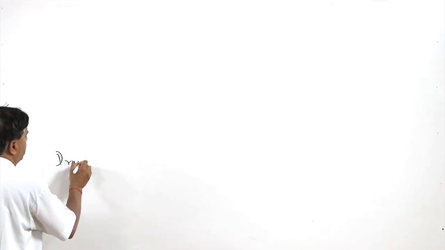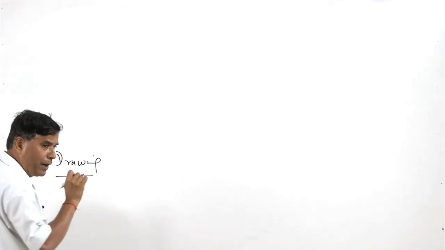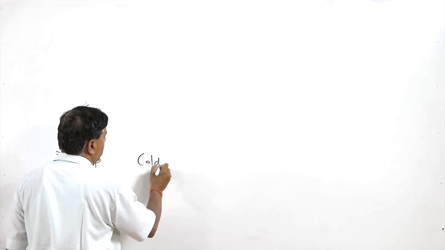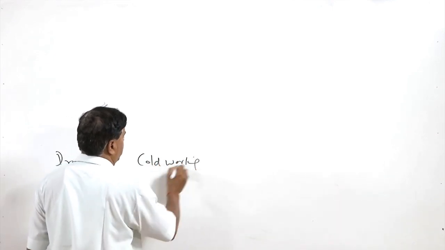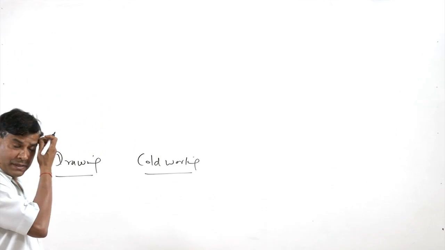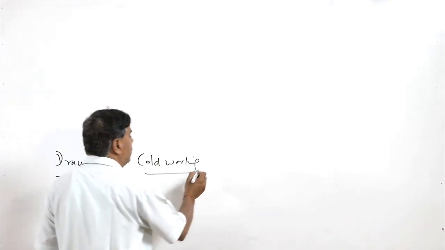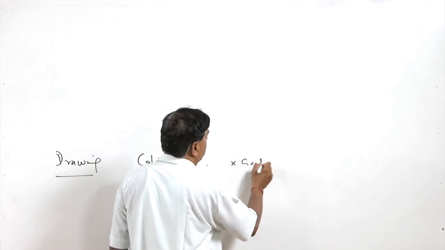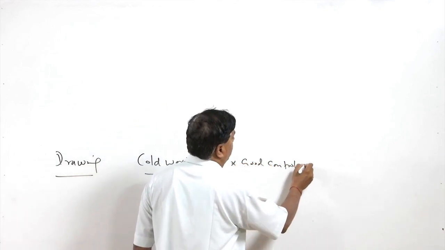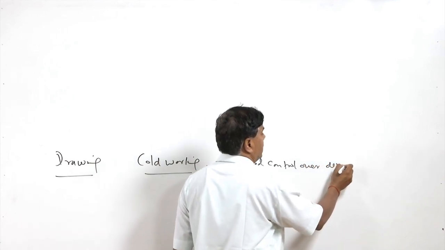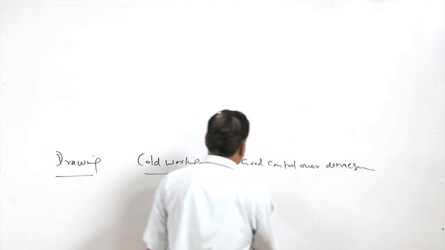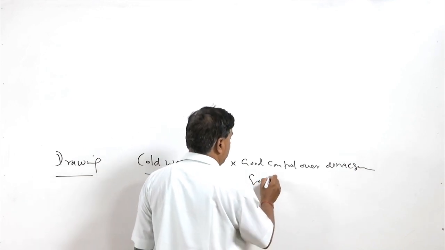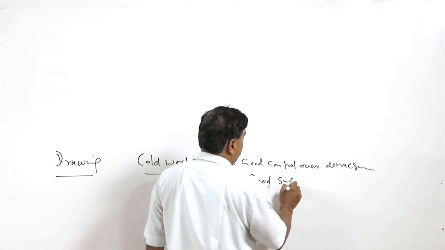Mostly this drawing, either wire or bar drawing, is a cold working process, and hot working is rarely used. Whenever cold working is used, it results in good control over the dimensions. This is one thing. The second, it results in a good surface finish.